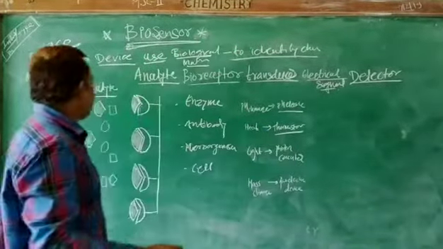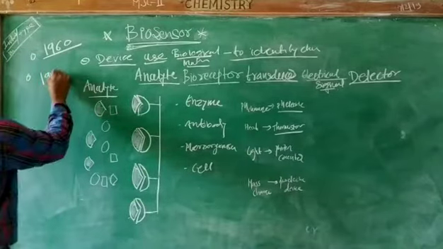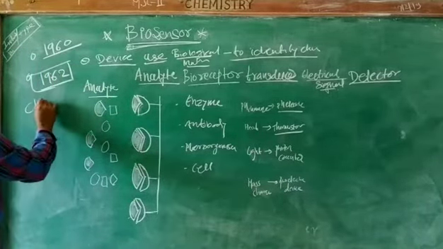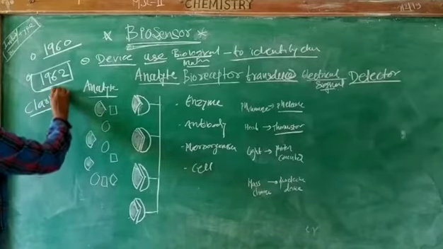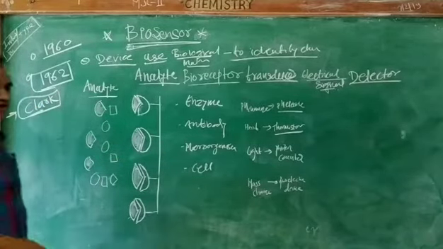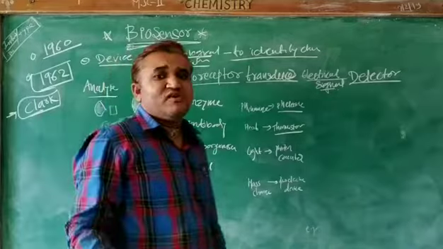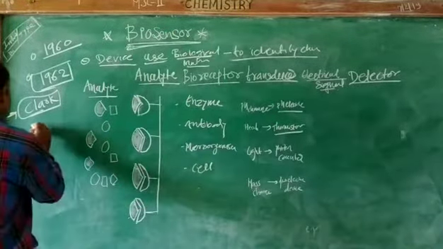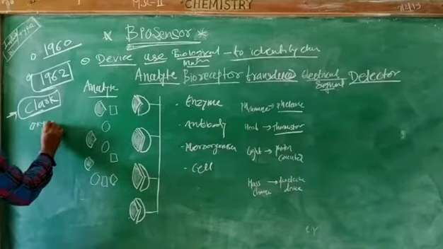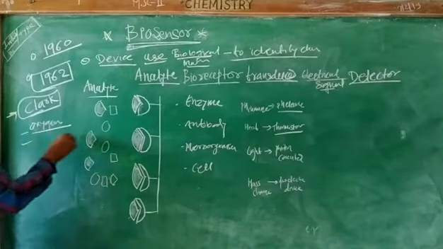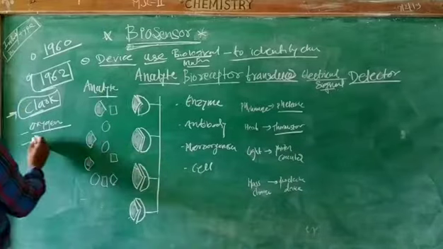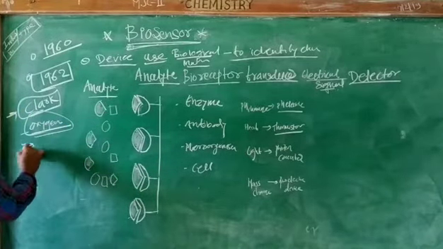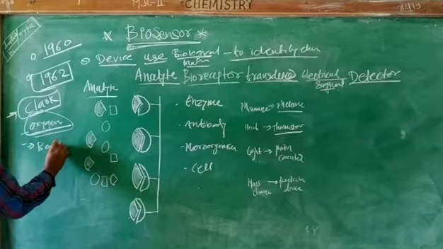Later on, by Clark in 1962, it was used for detection and measurement of oxygen by using biological molecules. The Clark biosensor detects oxygen in body fluid.